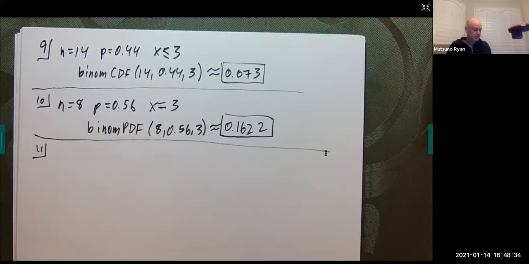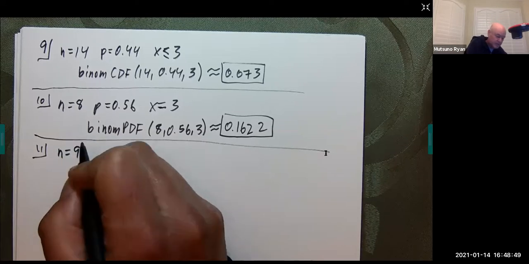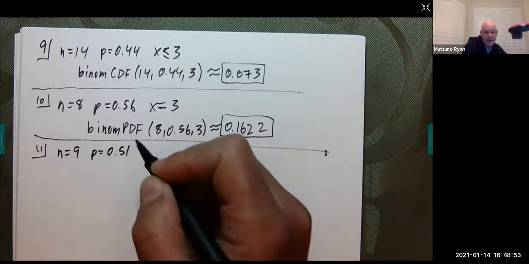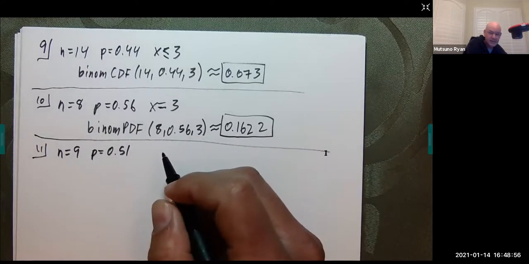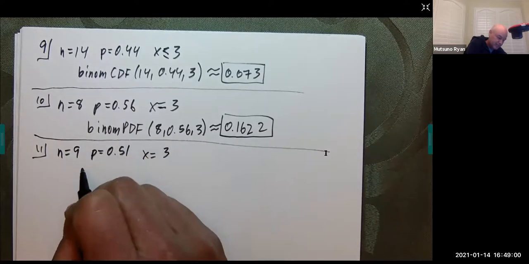A tennis player makes a successful first serve 51% of the time. If she serves 9 times, what is the probability that she gets exactly 3 serves in? So it's looking to me that we have n equals 9. P is 0.51. And x is exactly 3. So again, we're going to be using PDF again.